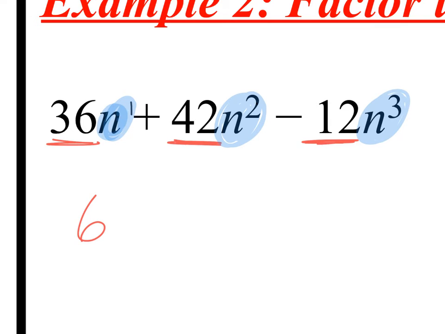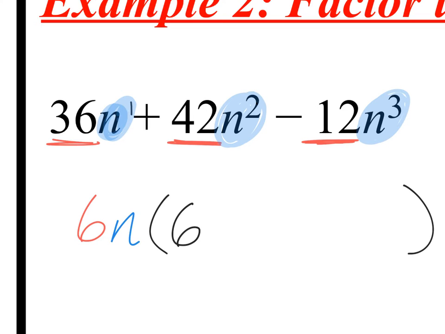They can all take out 1n. So that, in parentheses, you have remaining what you would have to multiply by. So if you take out 6n, then you would have to multiply by positive 6 to get 36n.